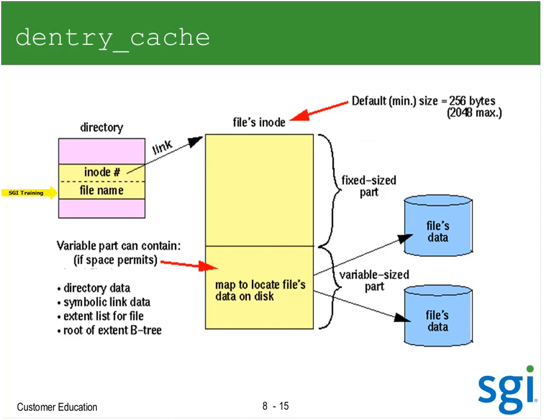By the way, first of all, a man on xfs_db will give you structure definitions and fields in a structure. So you can do a man on xfs_db and get information about how this thing is built, what fields it has.